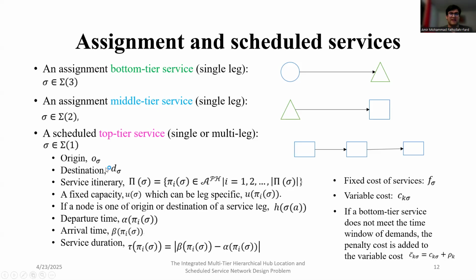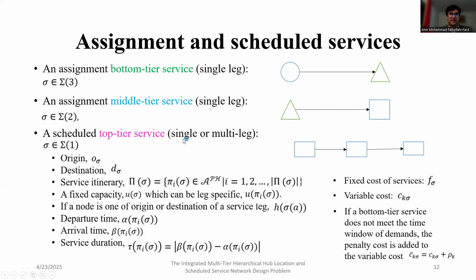So, to explain the scheduled services, we must know that each service has an origin and a destination, where the origin is its first transportation leg and the destination is the last station of the service, from its last service leg.